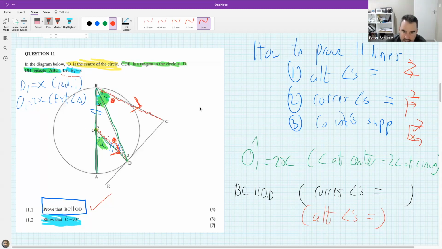What I'm seeing in the question is that ODC is 90, and that would be tangent perpendicular to radius. So we know that this one is 90. Now, how do we prove that angle C over here is 90? How are we going to do that? What logic?